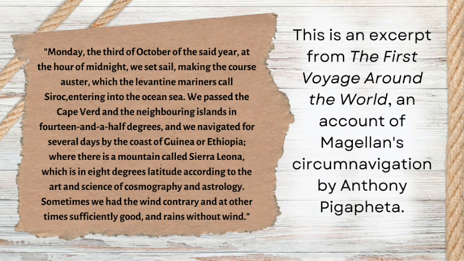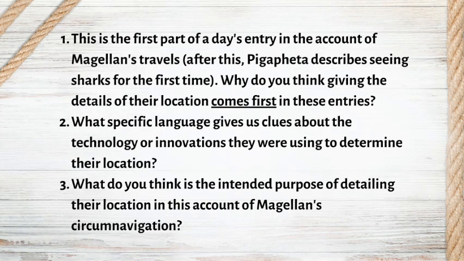So if we take a look at the next slide, after reading this excerpt, I want you to answer the questions in your reading guide. Number 1: this is the first part of a day's entry in the account of Magellan's travel. After this, Pigafetta describes seeing sharks for the first time. Why do you think giving the details of their location comes first in these entries?